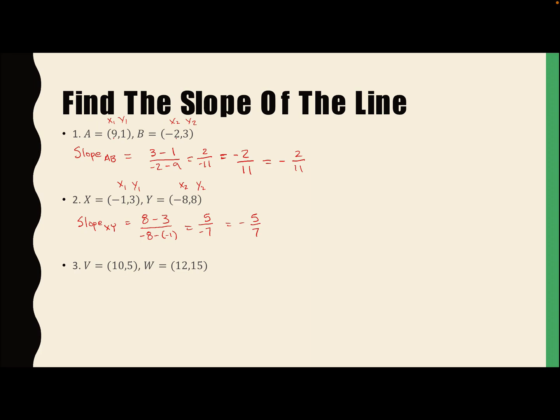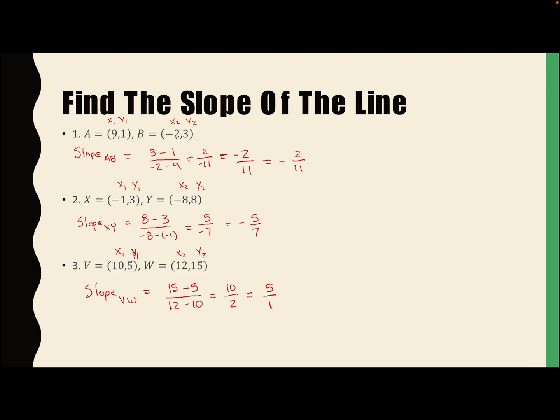We get -5 over 7. The last one is the line segment VW. So the slope of VW is equal to, let's label our points, x1, y1, and x2, y2. So y2 minus y1 over x2 minus x1 is 10 divided by 2, which reduces to 5, or simplifies to 5 over 1.